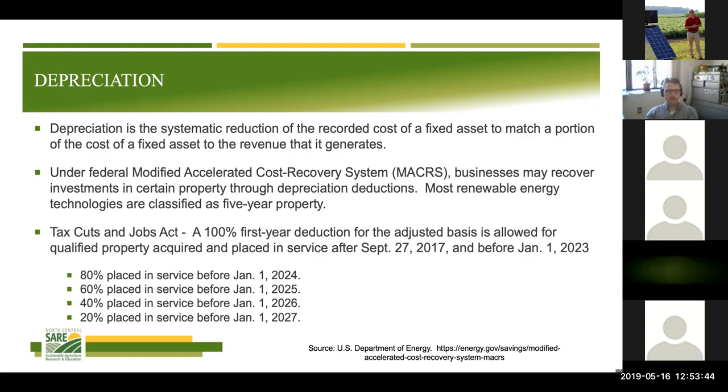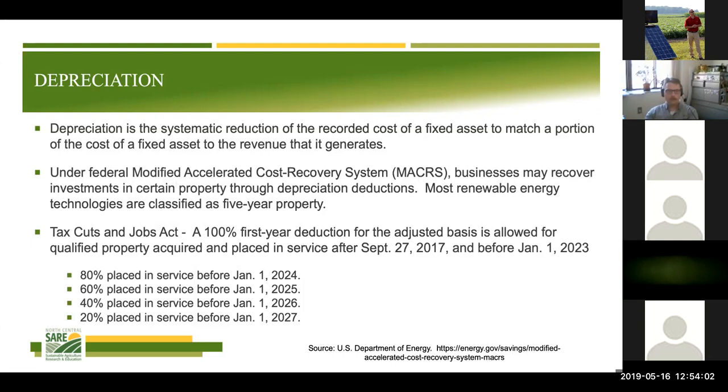As we think about how PV solar projects are depreciated, we use the MACRS depreciation model, listed here, the Modified Accelerated Cost Recovery System, over a 5-year schedule.